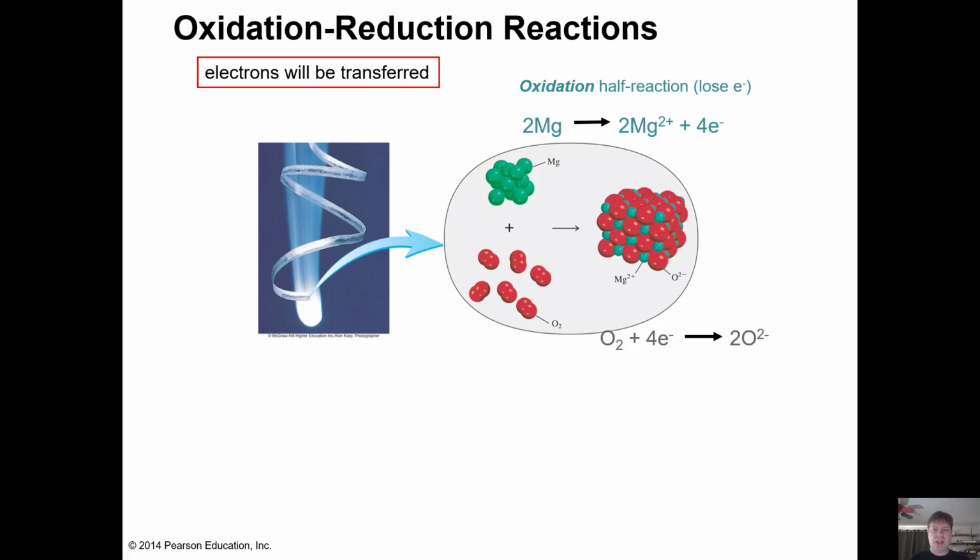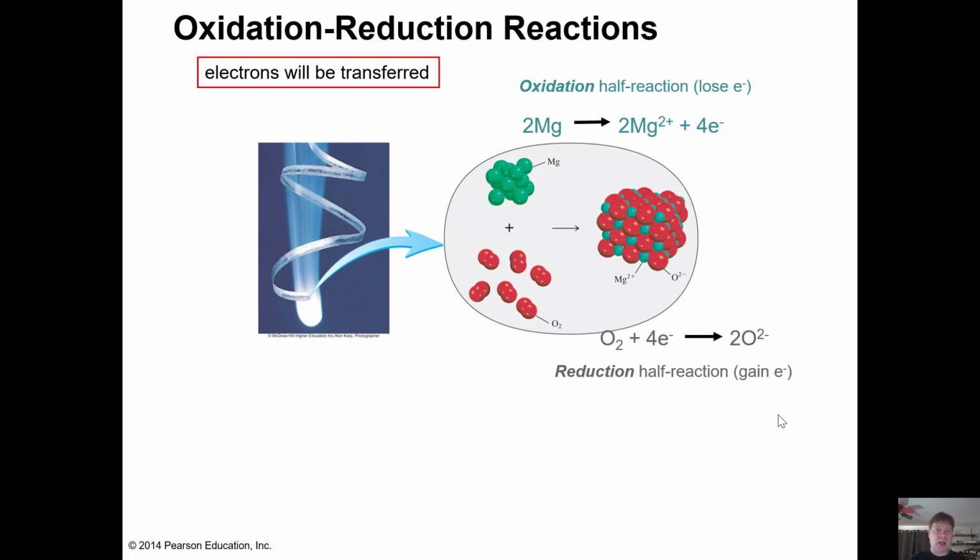And the oxygen is forming oxide ions, so that is a reduction. So part of it is losing electrons, part of it is gaining electrons. We're basically breaking this into two halves, so we call these half reactions. The magnesium half reaction, oxidation; the oxygen half reaction, reduction.